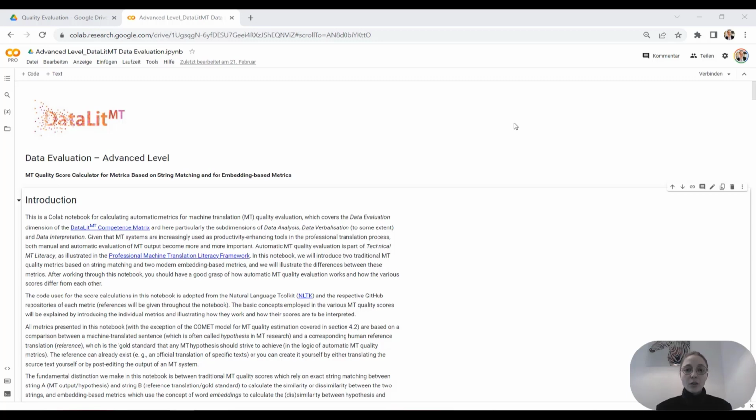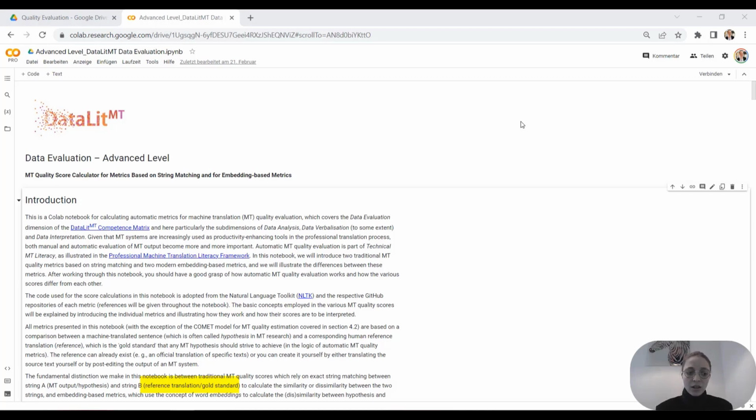So in case you've looked at the other notebook or video, you will know already that these scores are mostly calculated by comparing a machine translation sentence, which is considered a hypothesis, to a human translated sentence, which is considered the reference. So this human translated sentence is considered the gold standard, kind of what we want to achieve, because these are frequently translated by professional human translators.